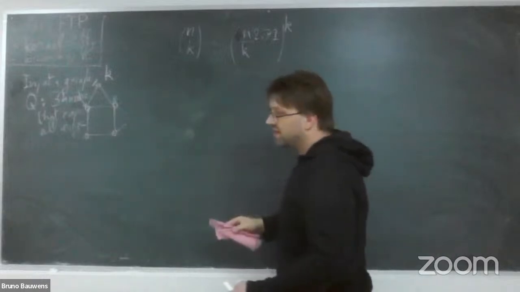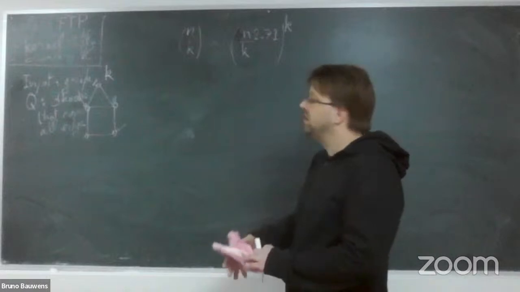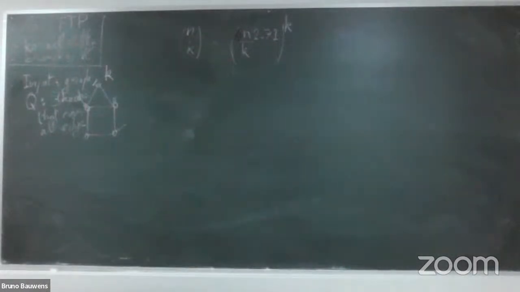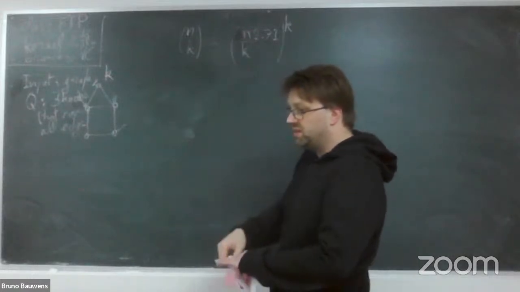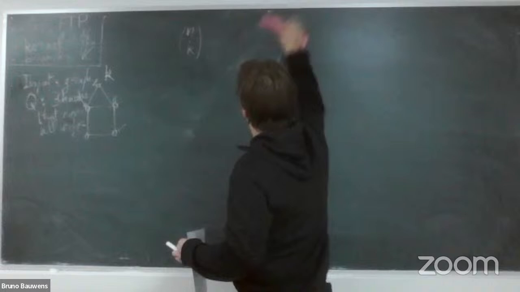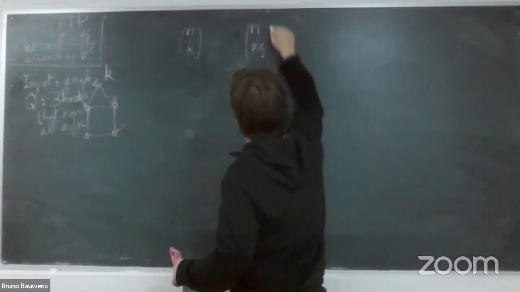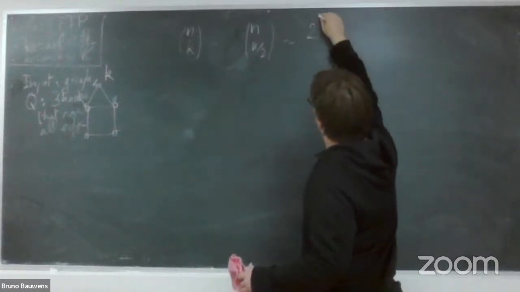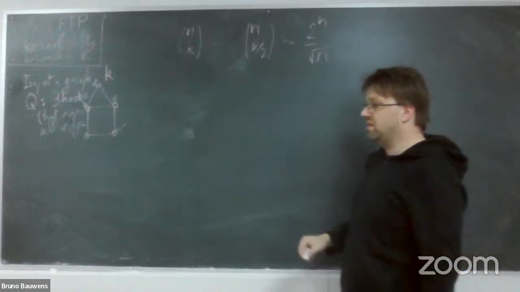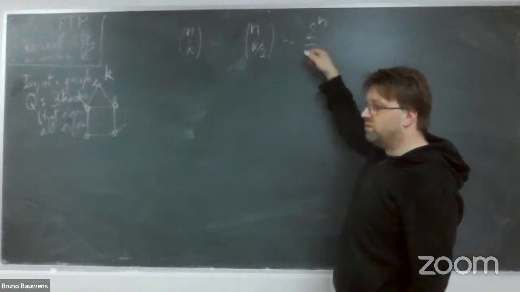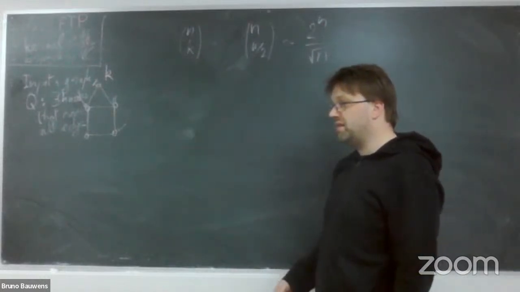We know the direct formula, n factorial divided by k factorial and (n minus k) factorial. But I just want to say that this is exponential. For example, if k is half of n, then there is an even better estimate: n choose n over 2 is about 2 to the power n divided by square root of n. So in the worst case, k is equal to this value. It's a very slow algorithm, and our plan is to do better than this.